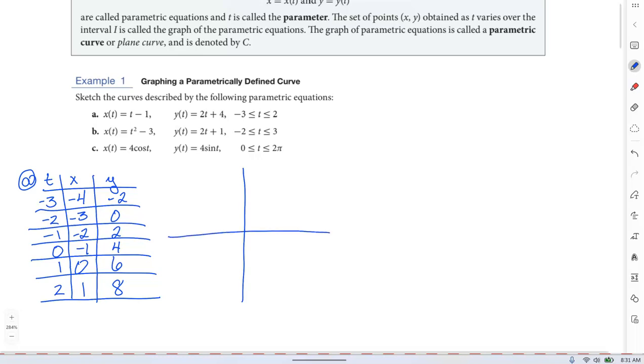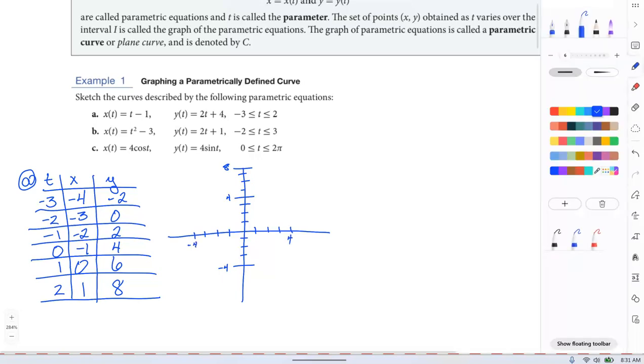So I'm going to draw my Cartesian plane. This is just going to be a rough sketch. It's not going to be to scale. Each tick mark is going to represent 1 unit. So I'm going to label a few things on my axis. And then we're going to plot the dots.